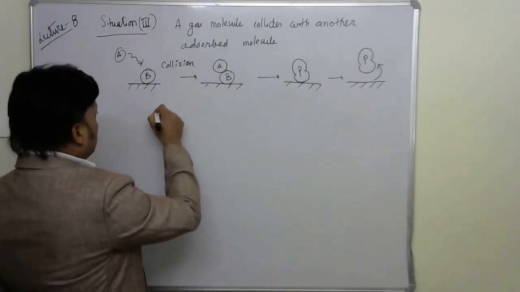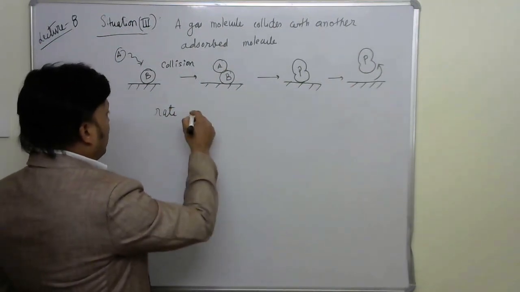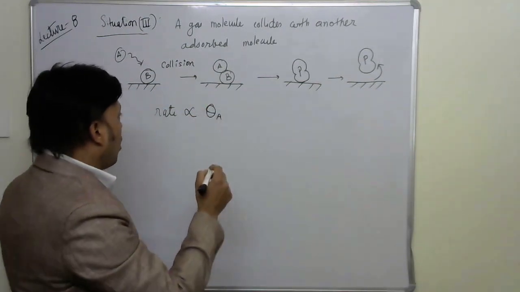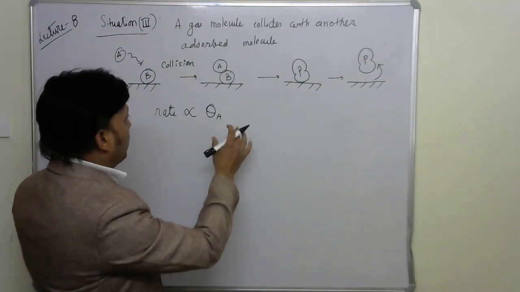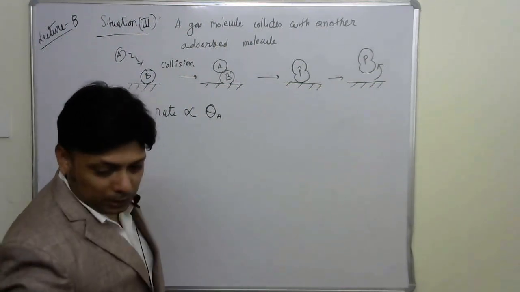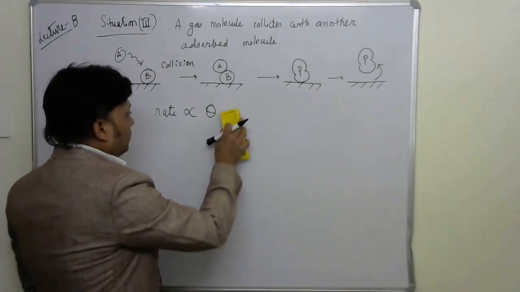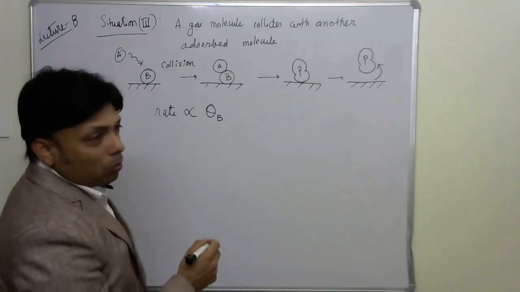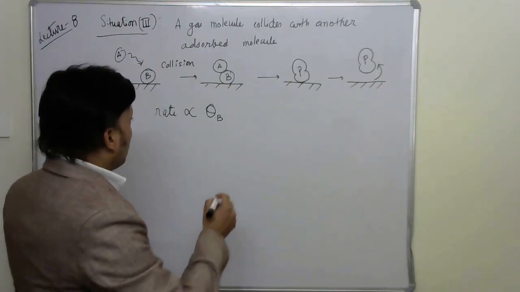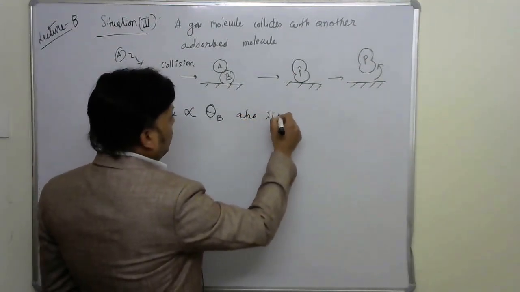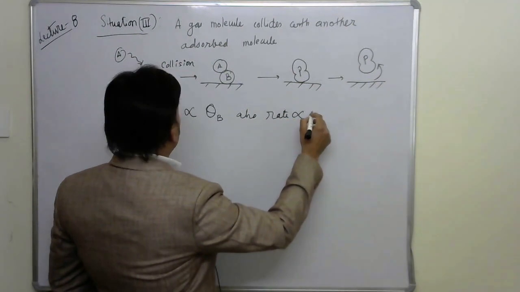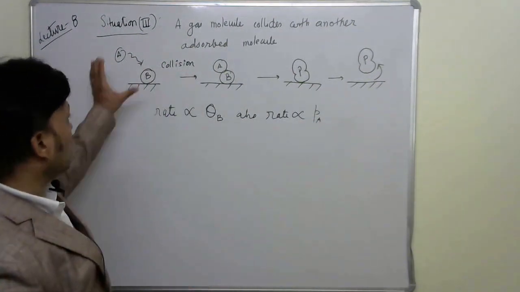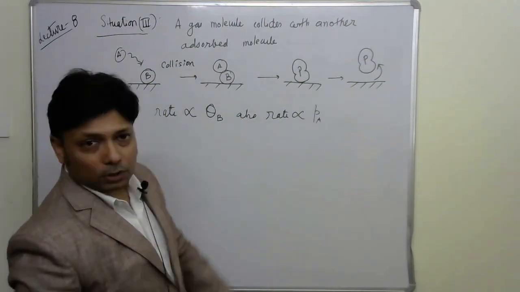Therefore, the rate would be proportional to the fraction of the surface occupied by B, that is theta B. And also, the rate is proportional to the pressure of the gas A, isn't it? The more the pressure of A, the more the collision, and the more the reaction.